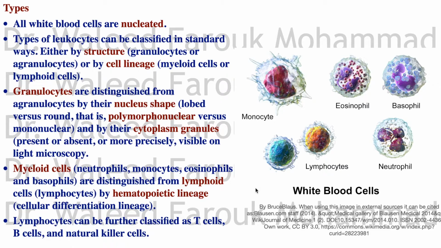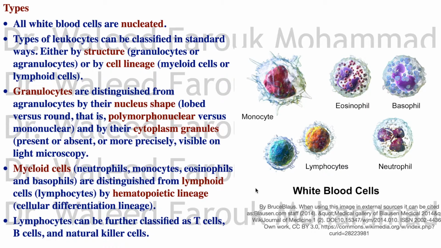Their nucleus is multilobed, or called a polymorph nucleus, which is different from the agranulocytes, and also by the presence of cytoplasmic granules all over the cell. So the granulocytes have a polymorph nucleus and granules all over the cell.